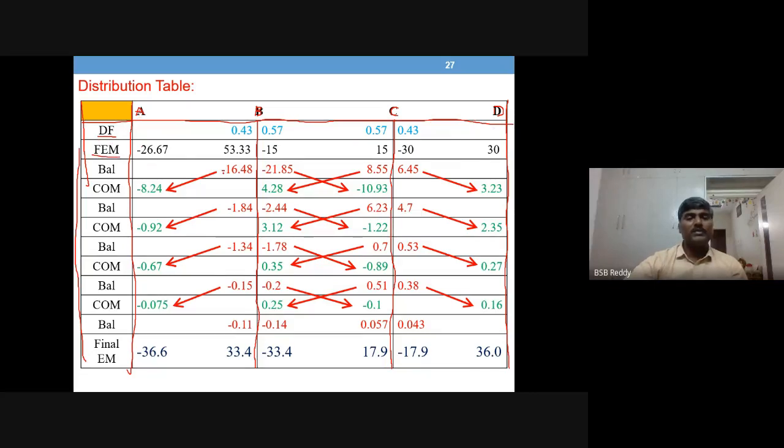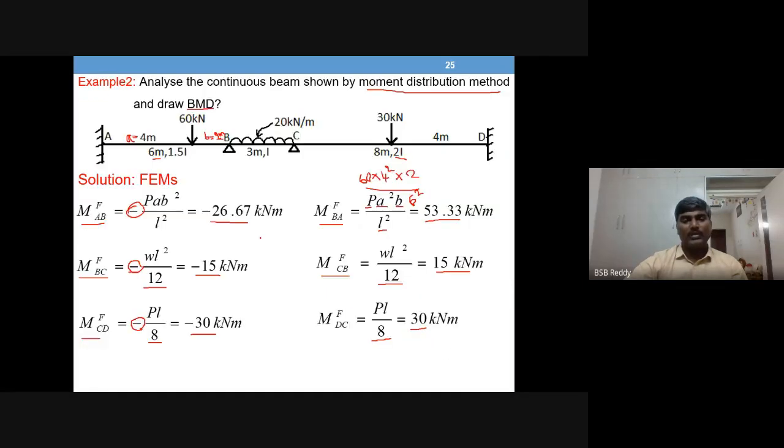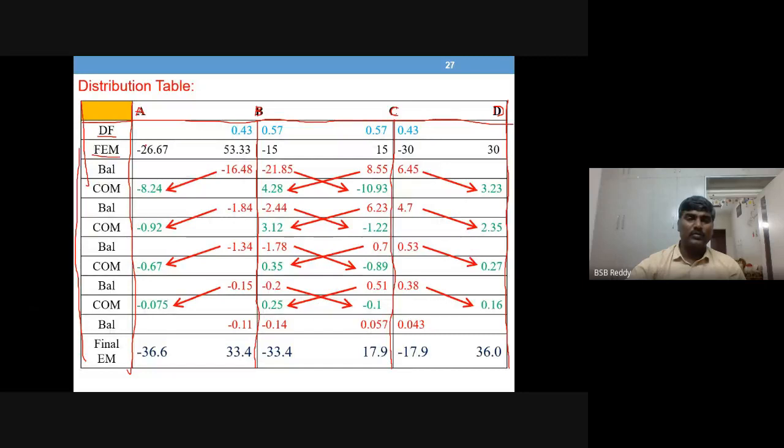Next, what you write? Fixed end moments. Write all the fixed end moments found here in order. At A, what is the value? At B, what is the value? In AB, minus 26.67, 53.33. So under A you write that value, under B you write this value.